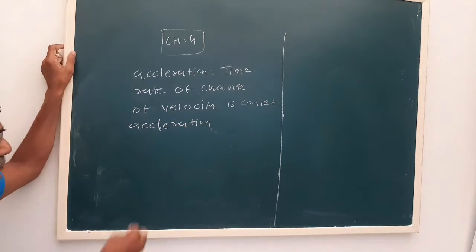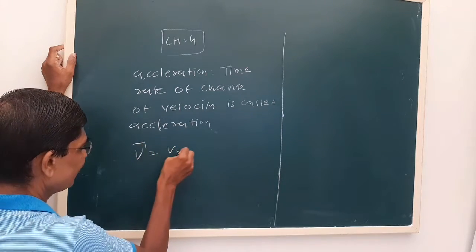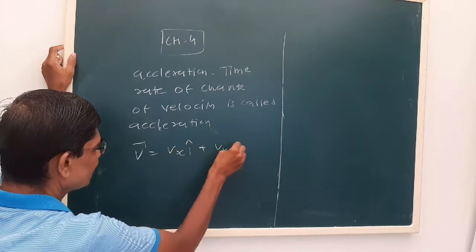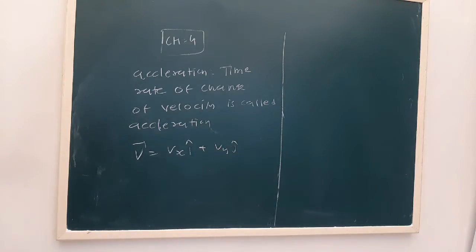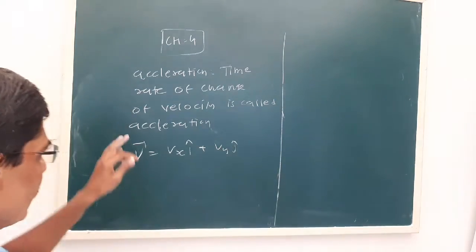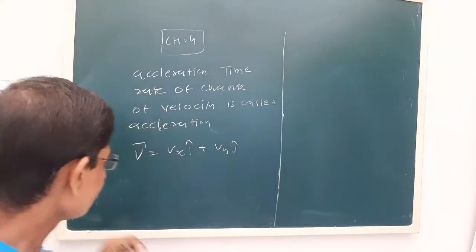Now v is equal to vx i plus vy j, which we have obtained. The acceleration also is a vector quantity.